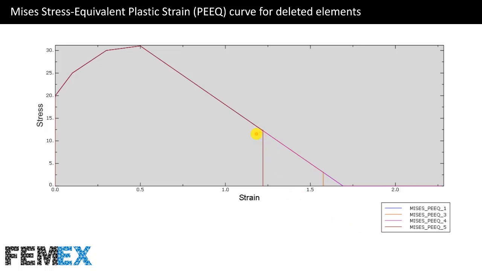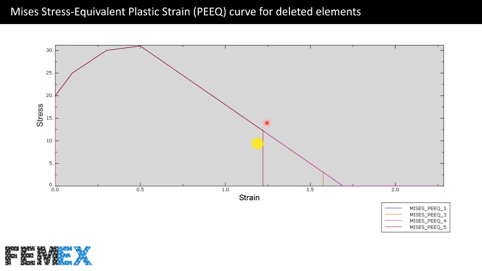Here you can see that the Mises stress value is dropped faster in the result of Model 5 because we have set the max degradation value to 0.6, and in this point the max degradation value is reached to 0.6 for the integration point of this element, and here it is reached to 0.9, and here it is reached to 1.